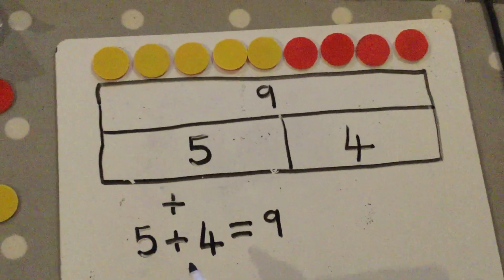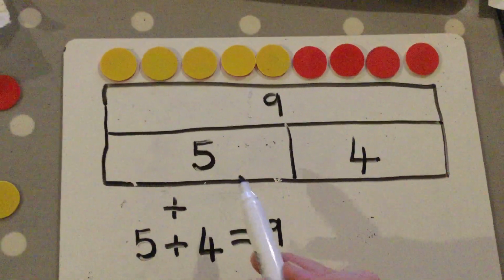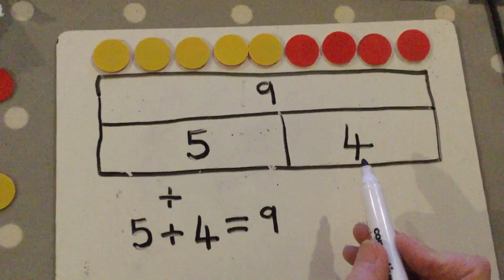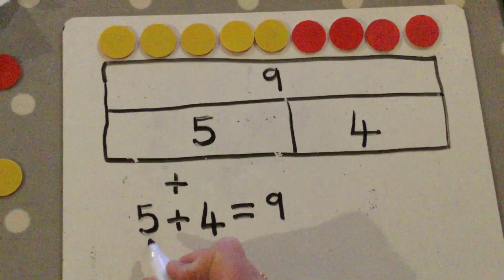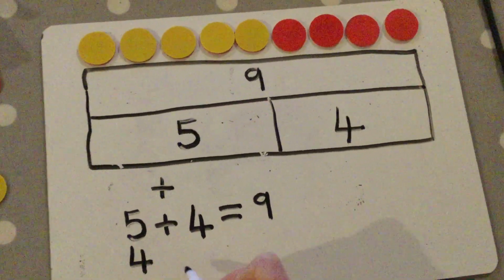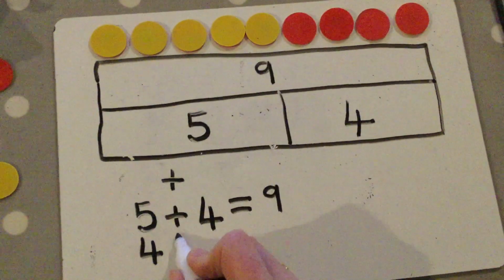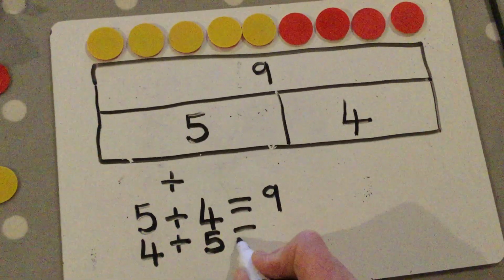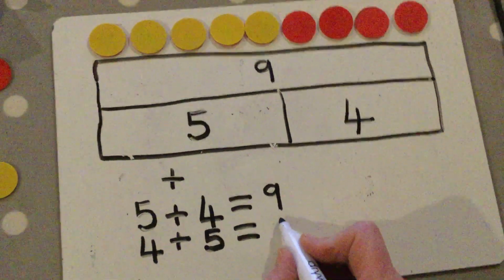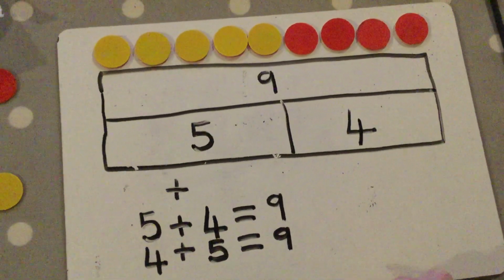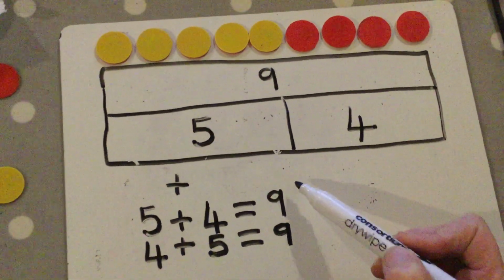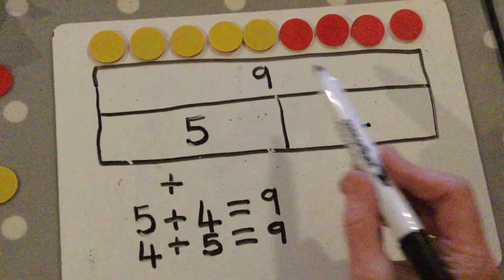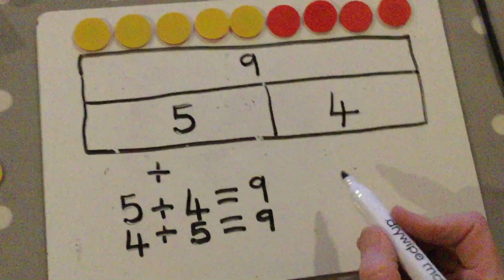But what we remember about addition is it doesn't matter which order you add those parts, does it? So this time I'm going to start with my 4 red counters. I'm going to add my 5 yellow counters, and that is still equal to my whole, which is 9. So I've got 2 addition number sentences to go with this bar model.